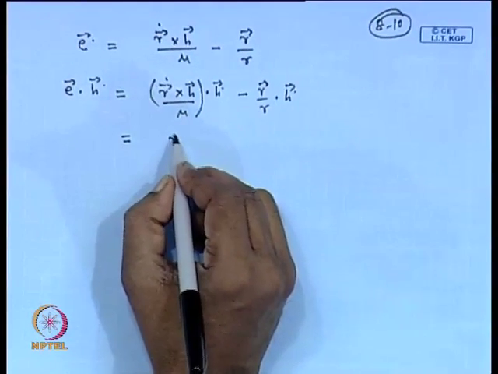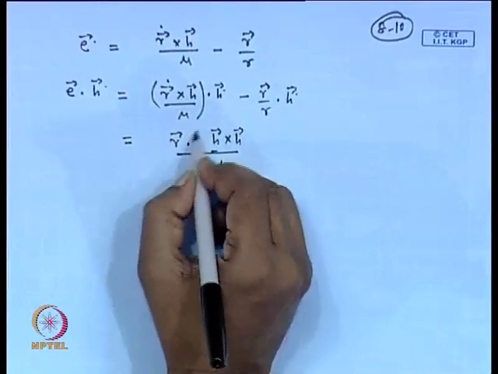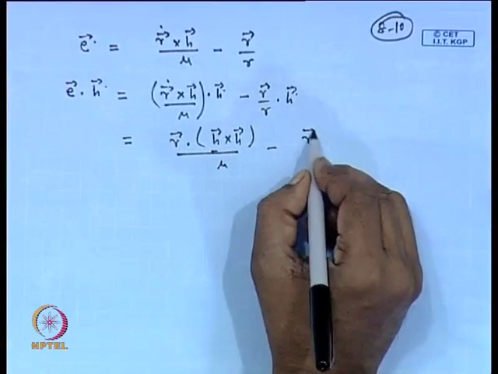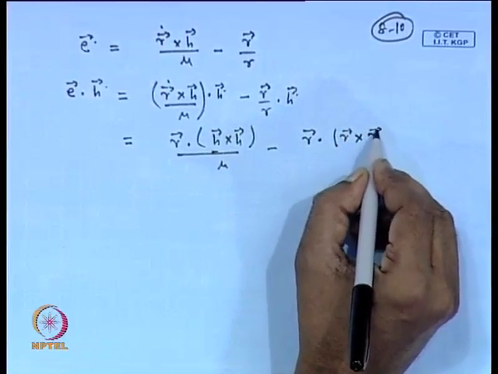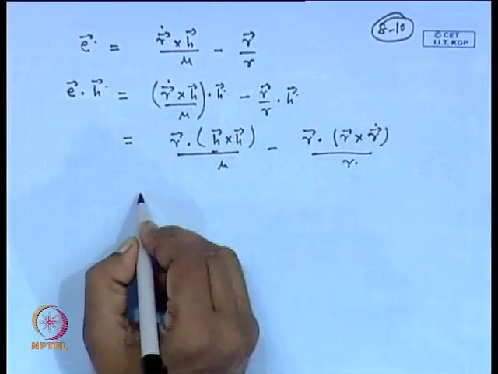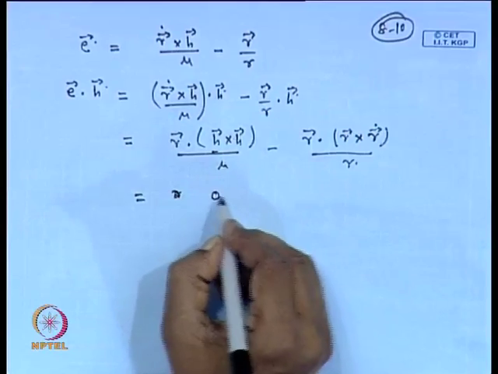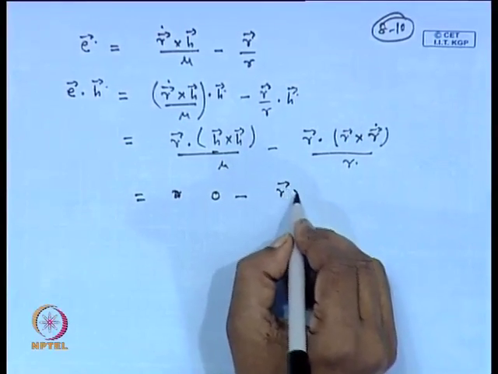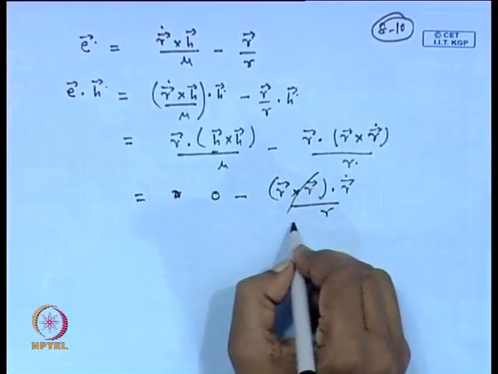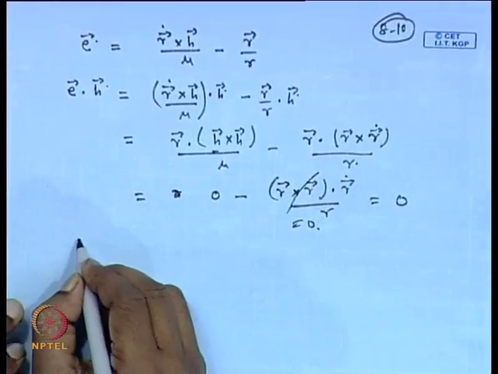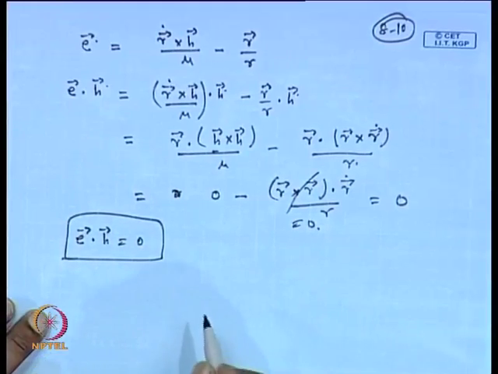So, this we can write as the dot product of (r dot cross h) by mu minus r dot h by r, and h is nothing but r cross r dot, or r cross v. So, if we look into this, this quantity h dot (r dot cross h) is 0, so this becomes 0, and here in a similar way r dot (r cross v) by r is also equal to 0. Therefore, this gets reduced to 0. So, this is what we have got.